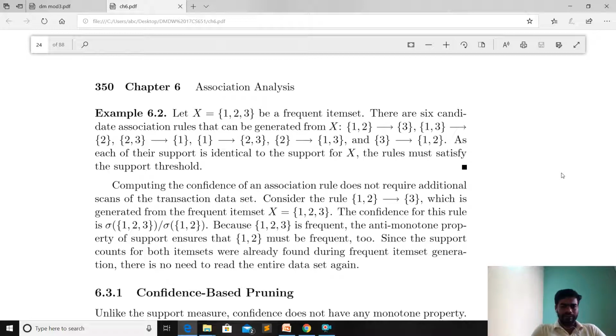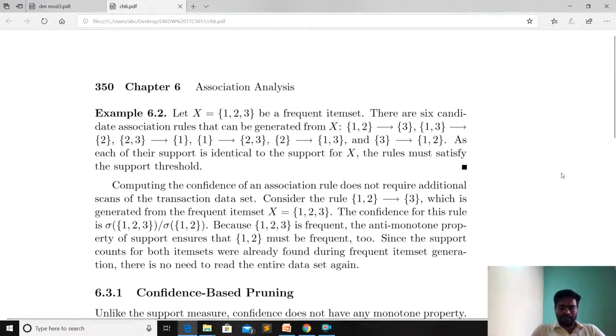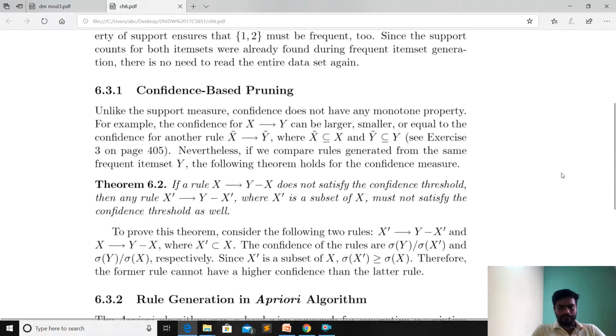What is the confidence for this rule? Support of {1,2,3} divided by support of {1,2}. Because {1,2,3} is a frequent item set, the anti-monotone property of support ensures that {1,2} must also be frequent. Since the support counts of both item sets were already found during frequent item set generation, there is no need to read the entire data set again.